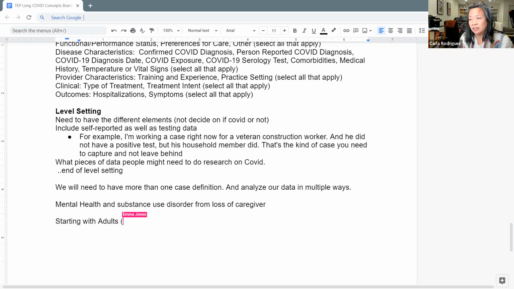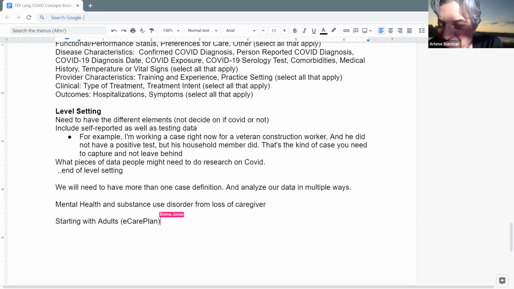I figured, but it's good to be explicit. In my own brain, I've been thinking, how can you not, this is also a long-term impact. Yeah, no, but on the totally other hand, there are all those other mental health sequelae, like losing your job and depression and substance abuse. It might not be long COVID, but it might be related to all the things that it's done to your life, right? So, yeah, we definitely want to capture those things.